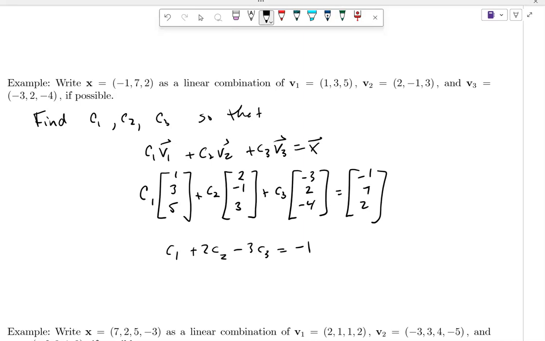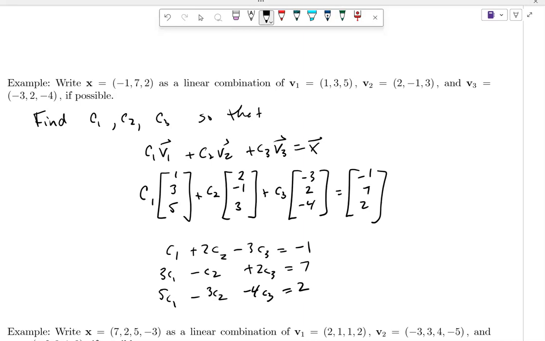What would the second equation be? 3c1 minus c2 plus 2c3 equals 7. Good. And you got that by looking at what? Multiplying the constants by the second components. Good. Yeah, we're just doing the second components across that way. And then hopefully you can see we can do the same thing in the third component, and get 5c1 minus 3c2 minus 4c3 equals 2.